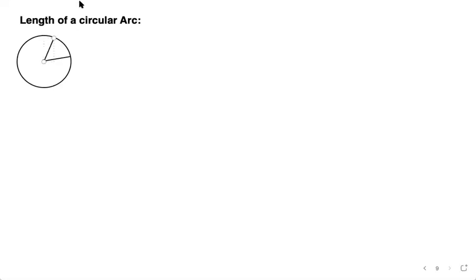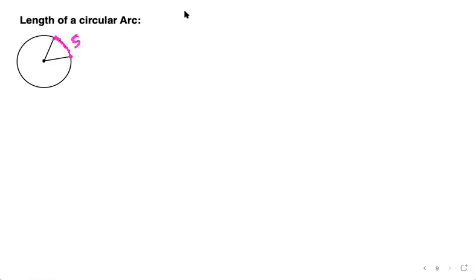This one is called the circular arc. I need to find only this length, from this point to this point. This is my goal in this part of the section. I need to find the length of S.